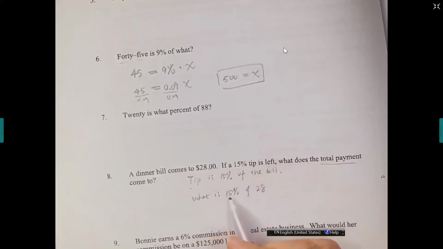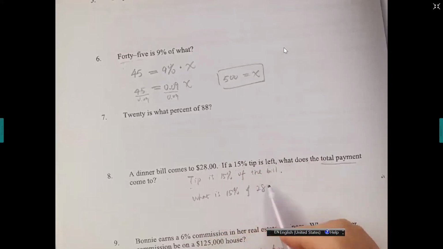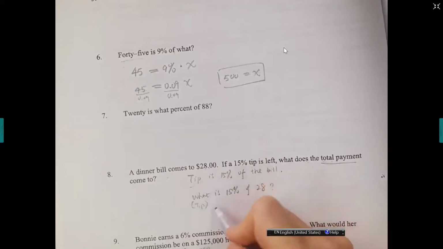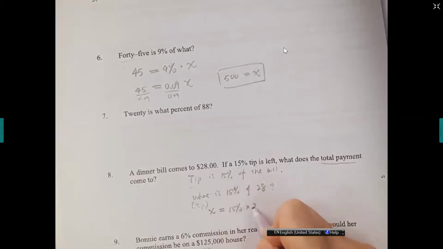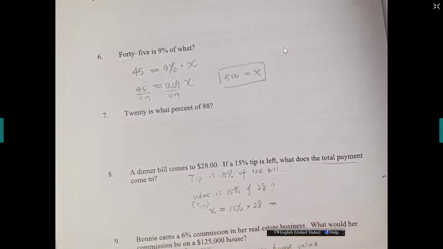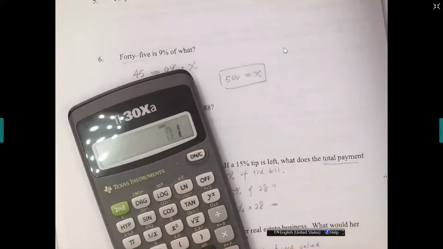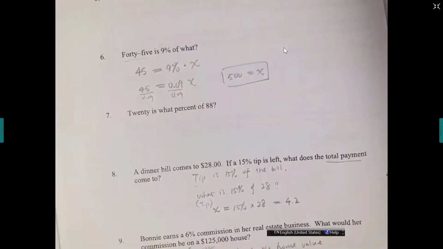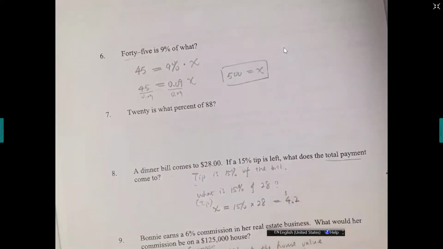What is 15% of 28? And this what means that's the tip money. So x equals 15% times 28. Use your calculator. 0.15 times 28 equals 4.2. So $4.20 should be the tip dollar here.